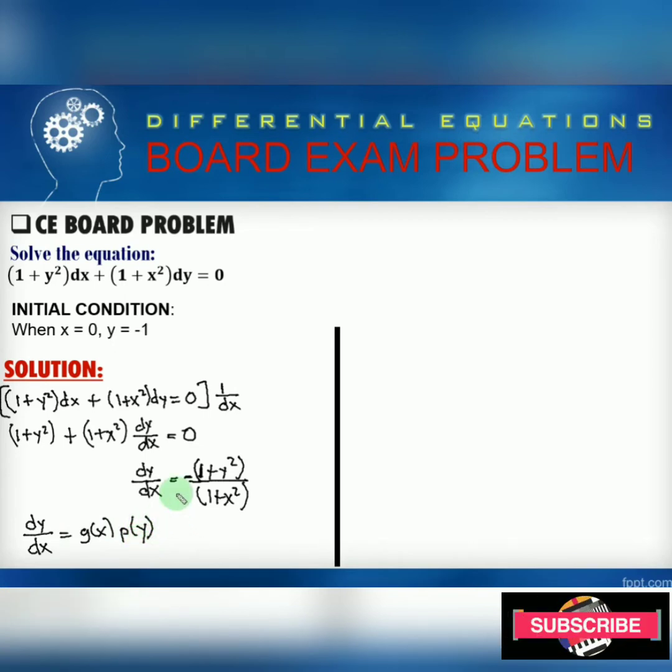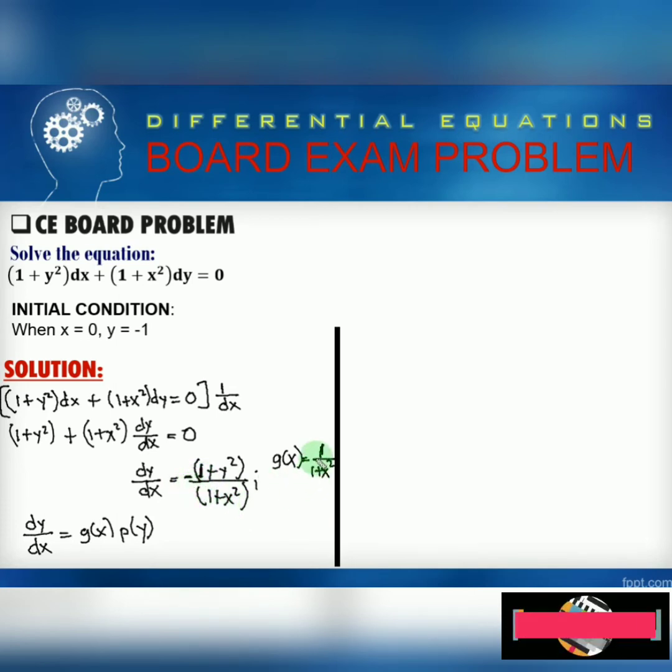Okay, so from the given, we can say that j as a function of x is simply 1 over 1 + x^2.